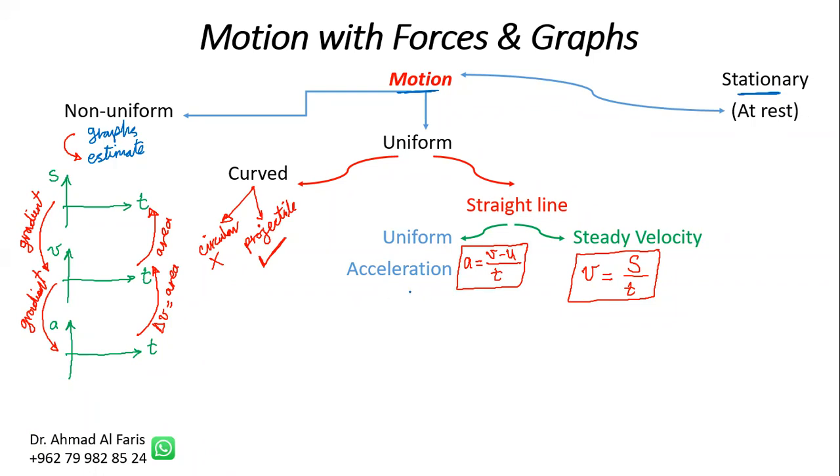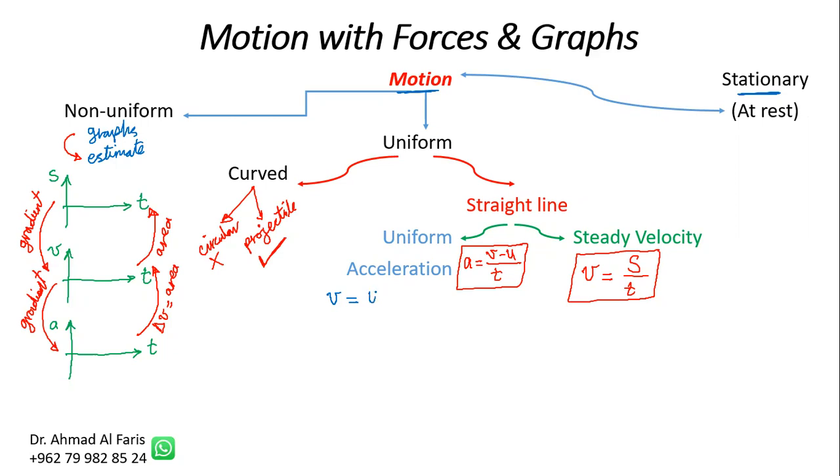And these 5 equations, you have to know them before you go to the externals. 3 of them are written in the back of the exam, but you have to memorize them and know how to use them. What are the equations? The first equation is the same as acceleration equals v minus u over t, but I put it in terms of v. I make v the subject of the formula.